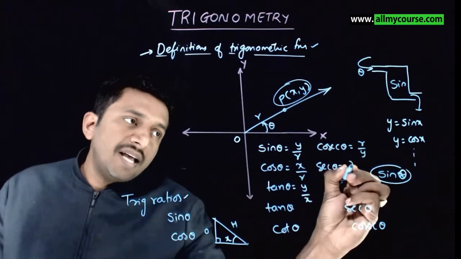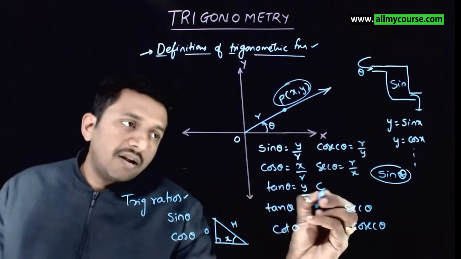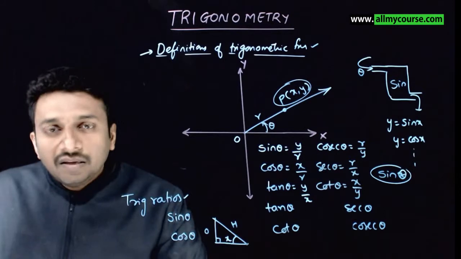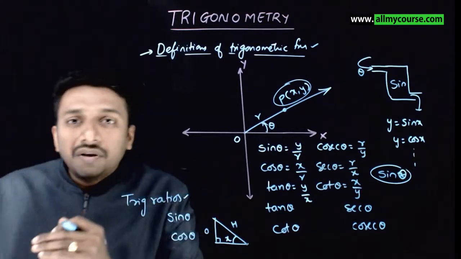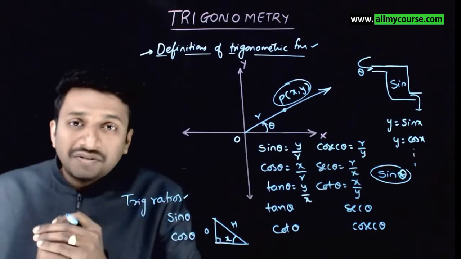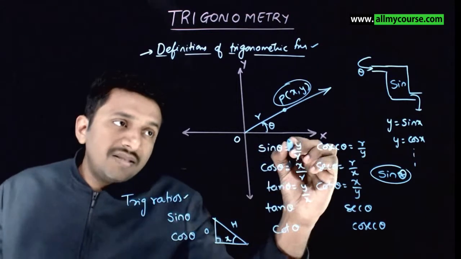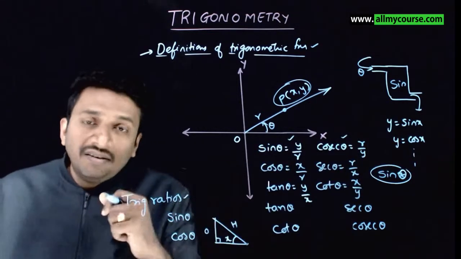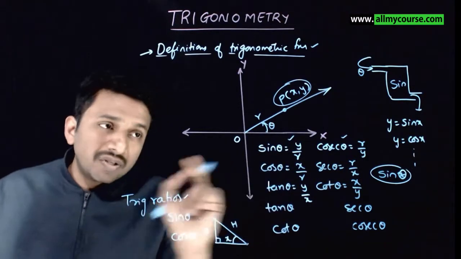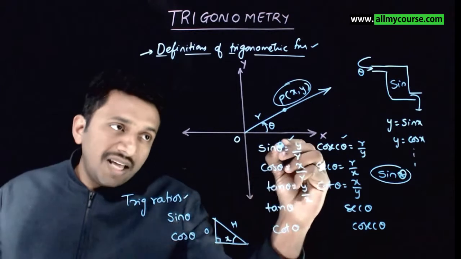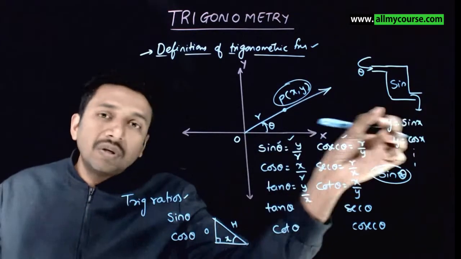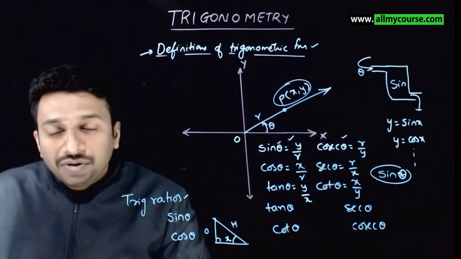Secant theta is defined as r by x, and cot theta is defined as x by y. So these are the definitions of the trigonometric functions. You can think of trigonometric ratios as functions which take in angles and give out the value of trigonometric ratios.